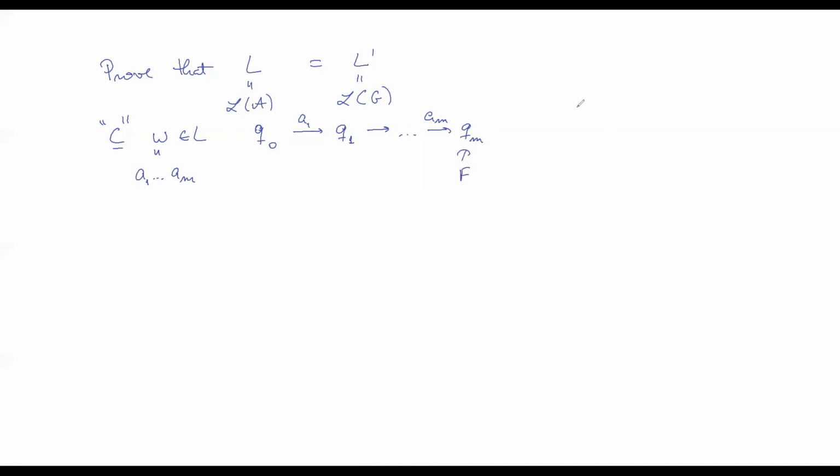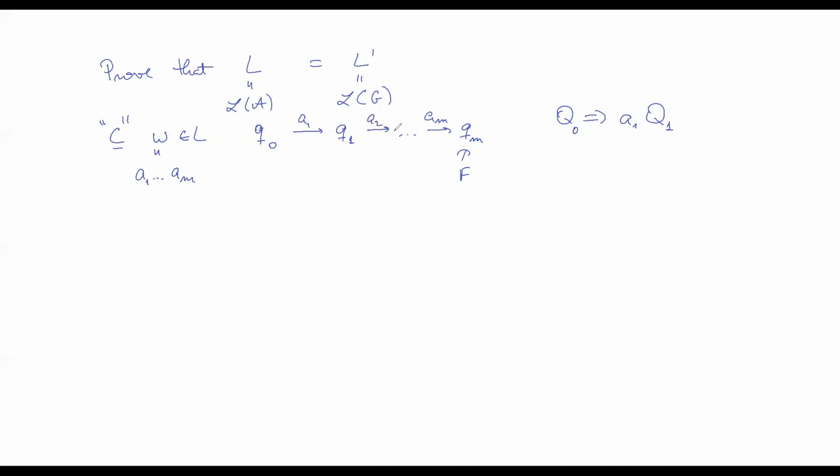And you see in the grammar, you will also have the following productions. Because you have this transition, you are going to have this one as a production, and so you can use it in a derivation. This one is going to give you this part of the derivation.